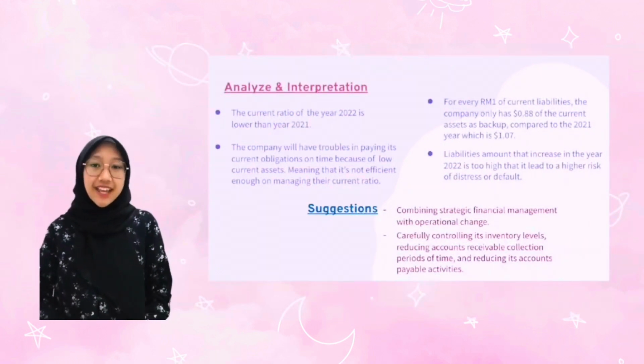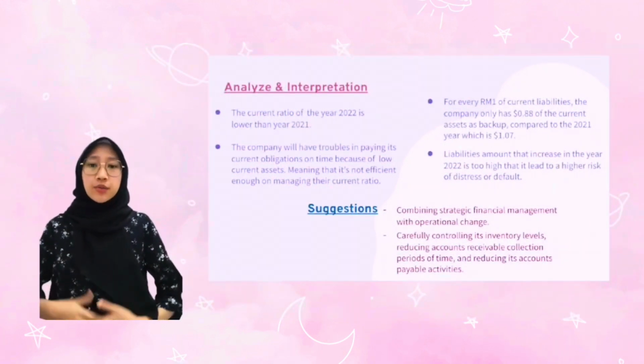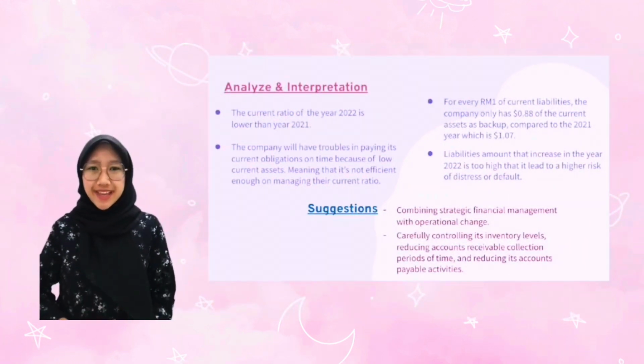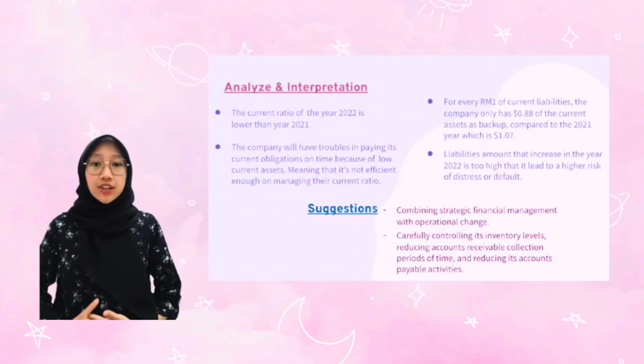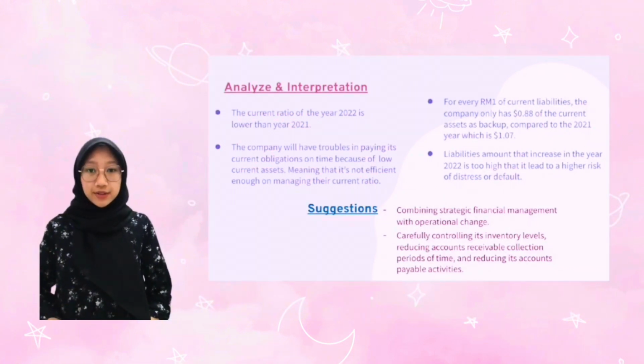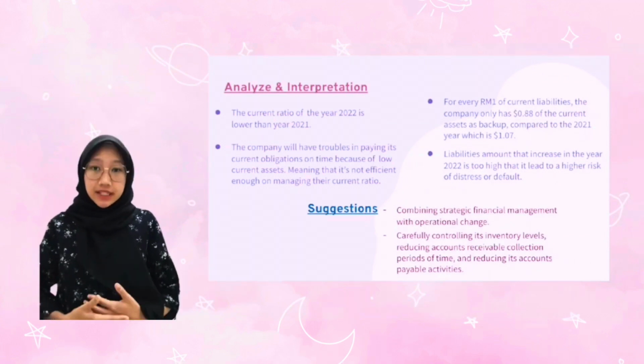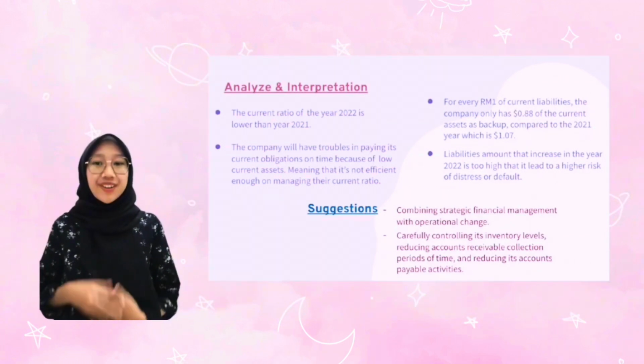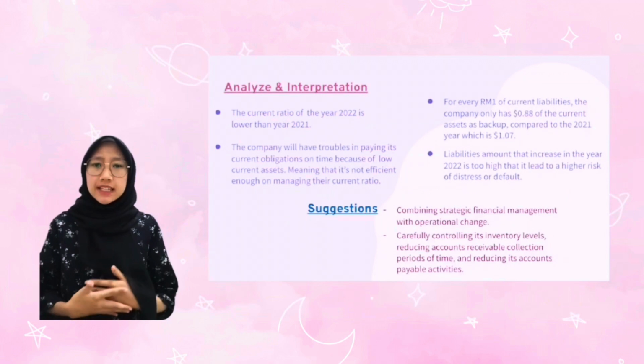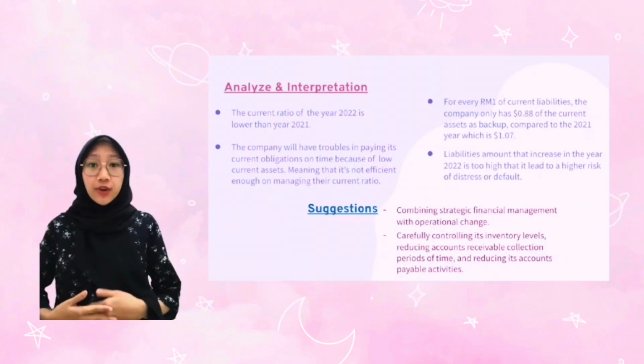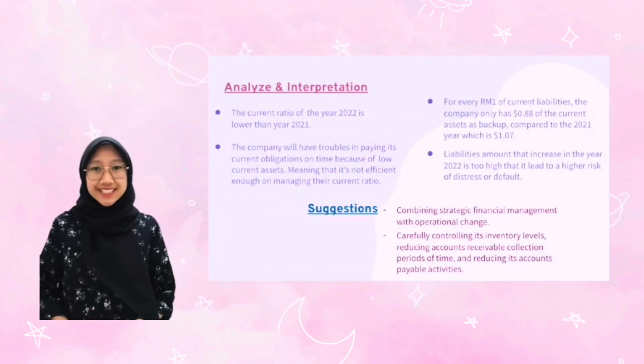From the calculation that our friend explained just now, we can see that Apple Inc. has a lower current ratio in the year 2022 compared to 2021. The liquidity position is also lower than the average, which should be more than one time to ensure the company's effectiveness.